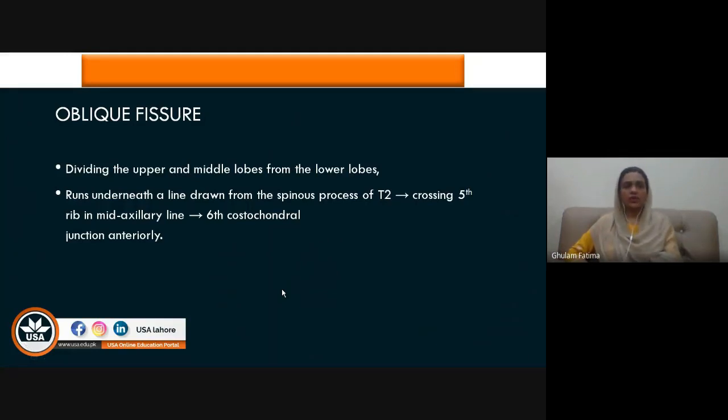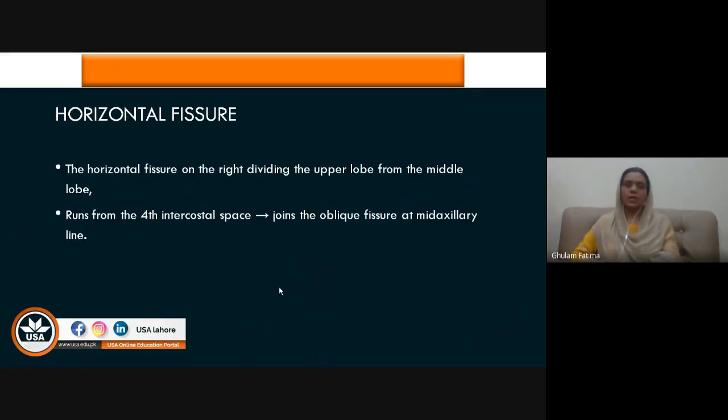This is your oblique fissure orientation, and its main function is to divide your upper and middle lobes from the lower lobe. Coming towards the horizontal fissure.